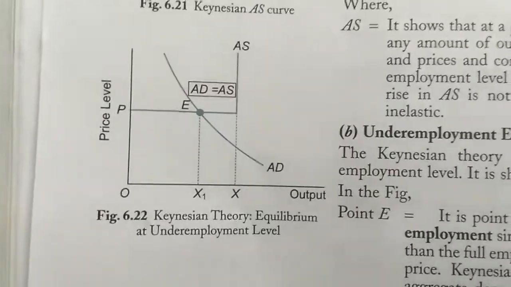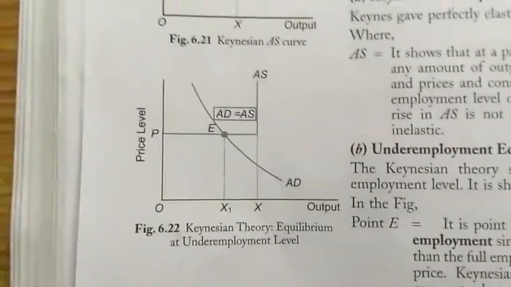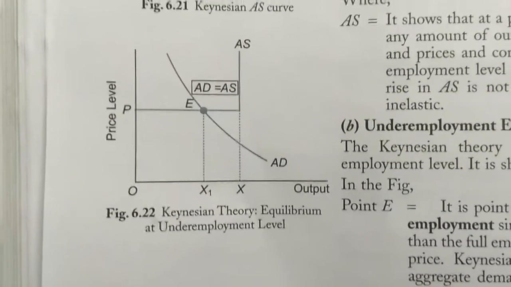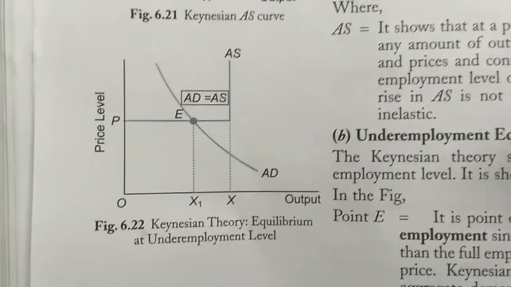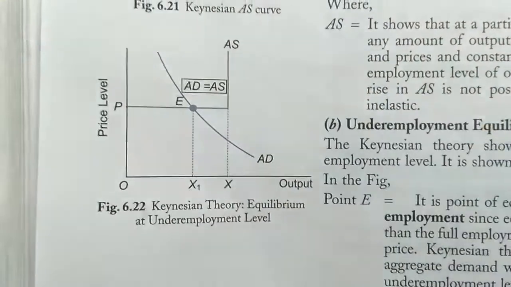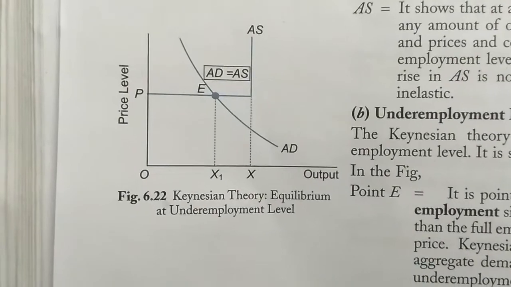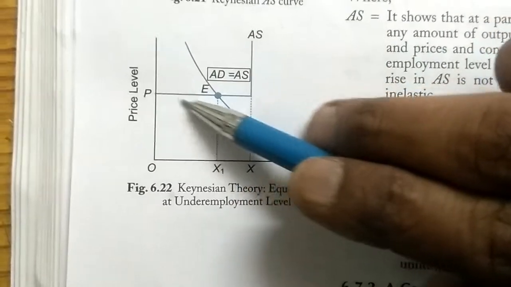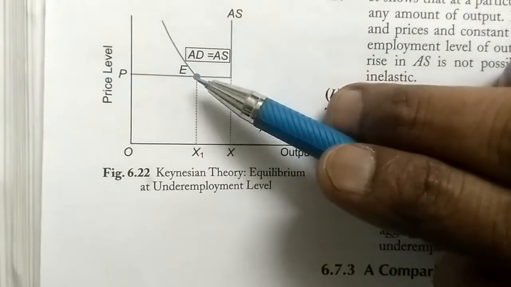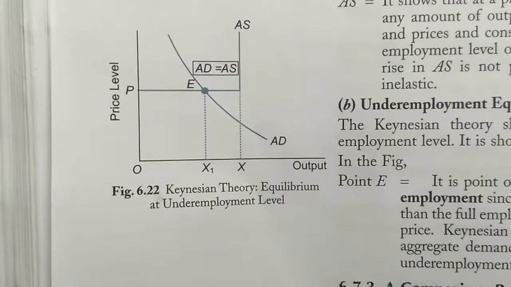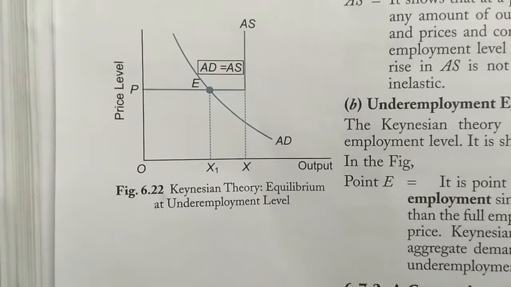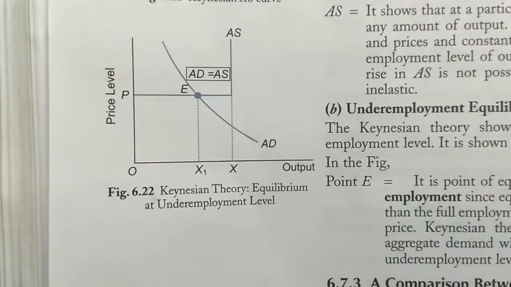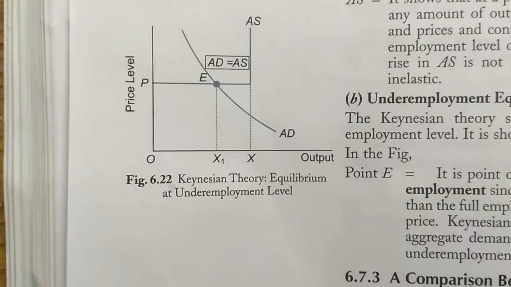Look here, this diagram shows the underemployment equilibrium. The Keynesian theory shows the equilibrium level of output at an underemployment level. This is the equilibrium point, where aggregate demand equals the aggregate supply curve. It shows underemployment since the equilibrium level of output OX1 is less than the full employment level of output OX.